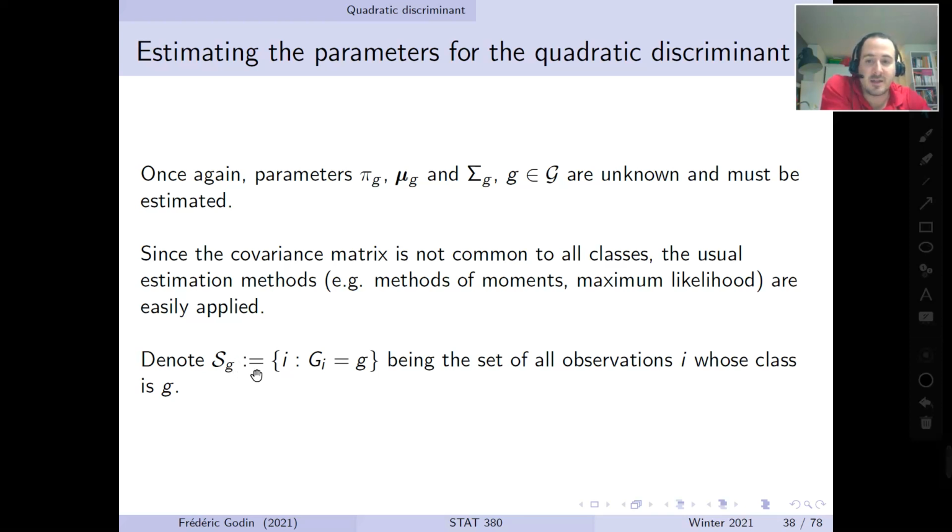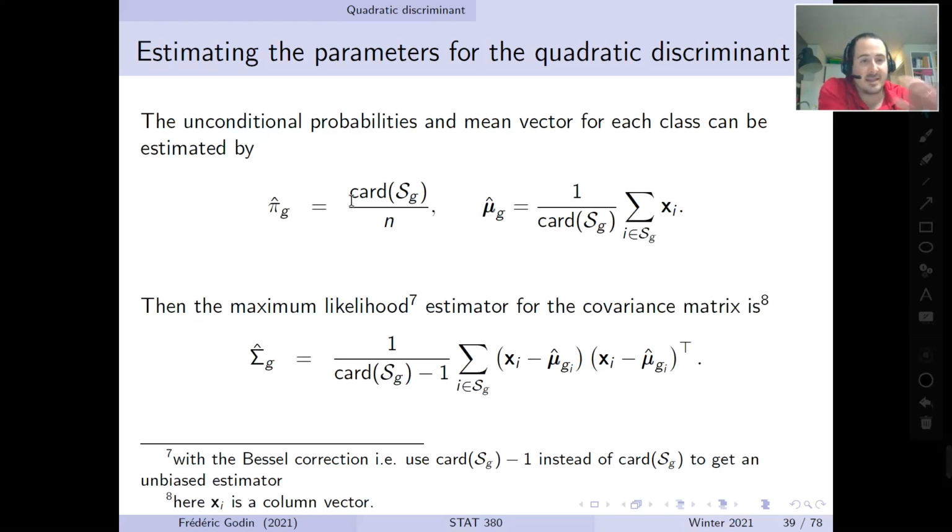Again, we're going to proceed as we did. SG represents the set of all observations whose response is class G. And then, exactly as we did before, pi G is the proportion of observations which are from class G. Mu hat G is the sample average, where the sample average is a vectorial average of predictors within the class G. But now, through maximum likelihood, the covariance matrix for class G can be simply used as the sample covariance matrix for all observations in class G. And note here, if we truly use maximum likelihood, there wouldn't be any -1 here, but here we make -1, which is called the Bessel correction, to ensure that this estimate is an unbiased estimate of the true covariance matrix.